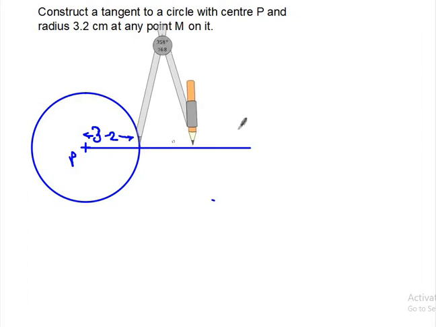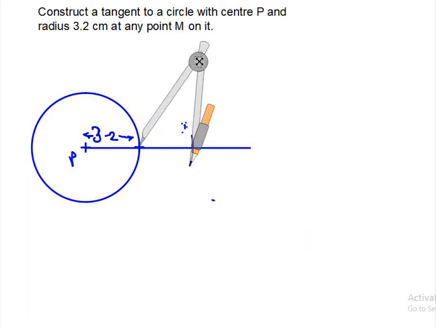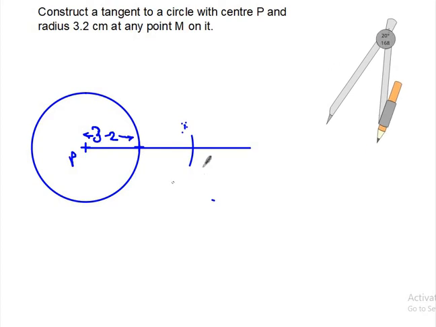Without changing the distance, I have not changed the distance in the compass here. It is again 3.2 centimeter. Take an arc here, and I name it as point Q.